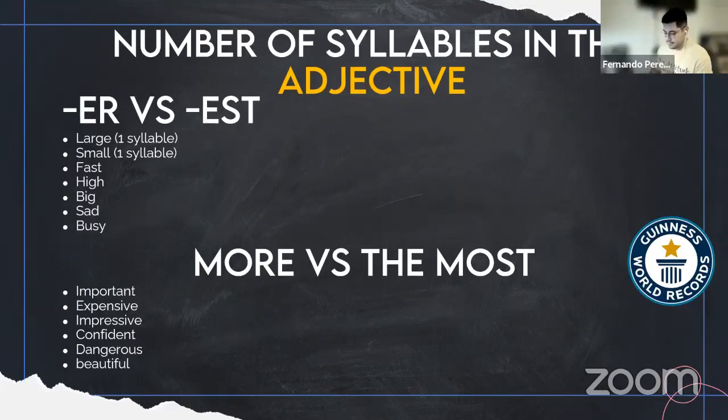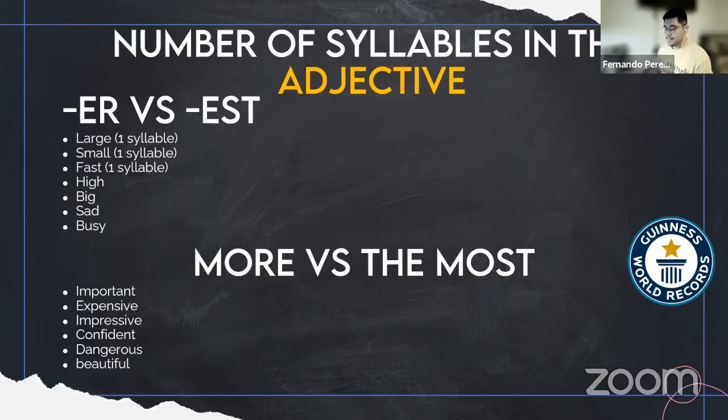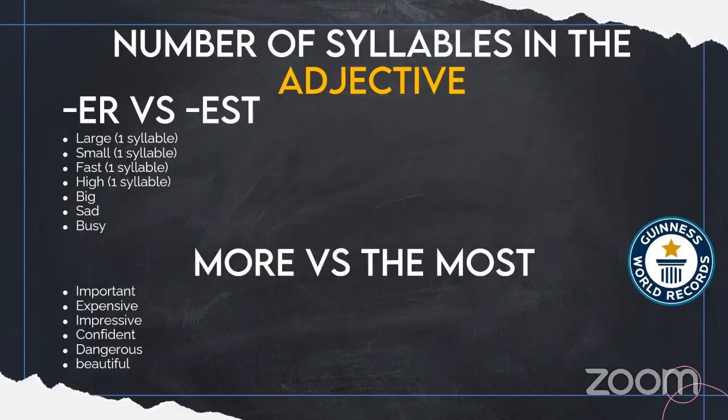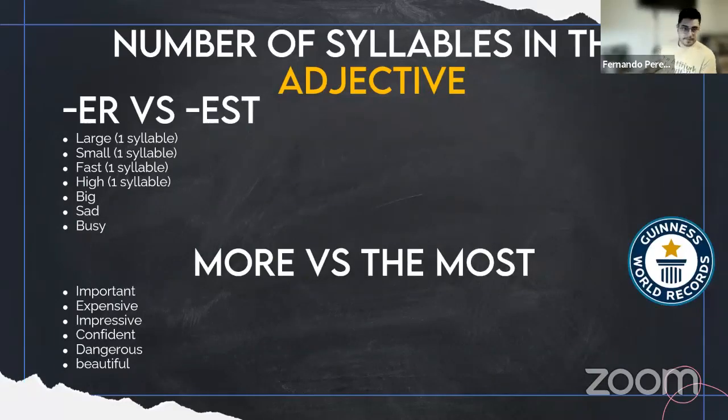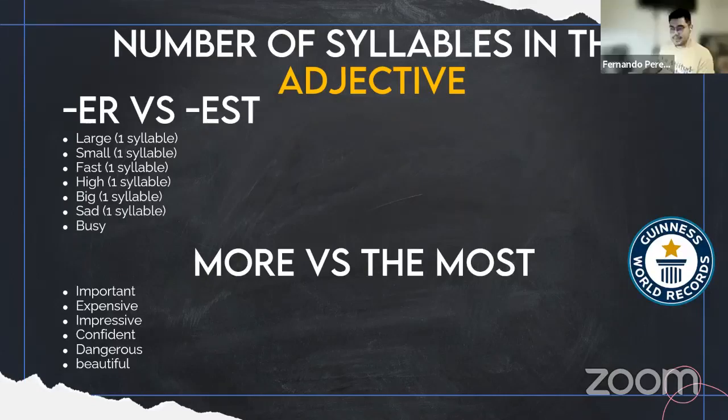Fast. How many syllables? One. Correct. High. Also one. Big. One. Sad. One. Busy. Is it 2 syllables?